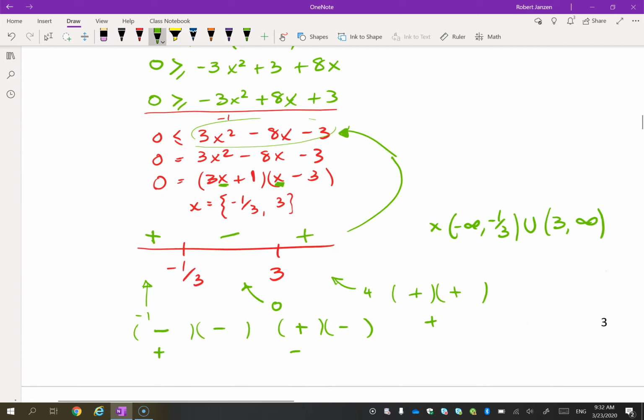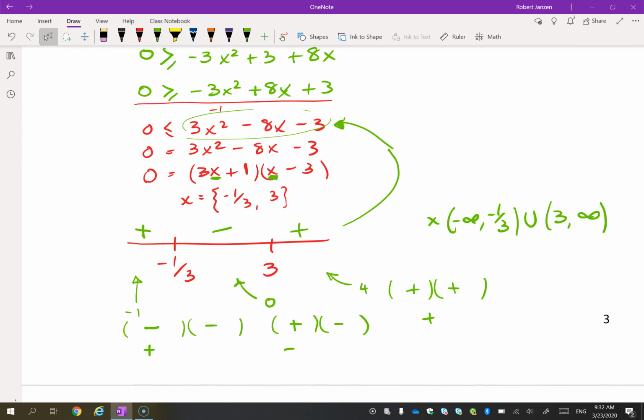How's that look? Well, there's a problem. Because in this inequality, it could be greater than or equal to. So I have to change these brackets to include those values because it would be okay to be 0.